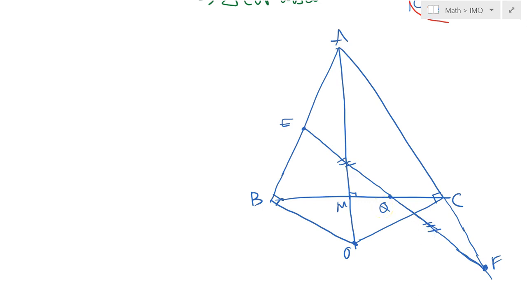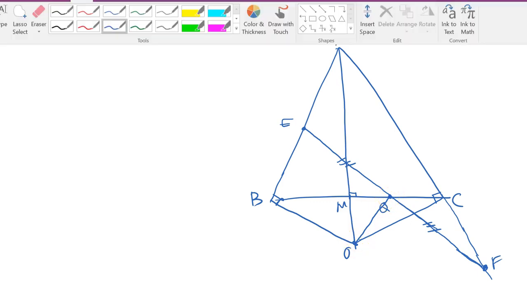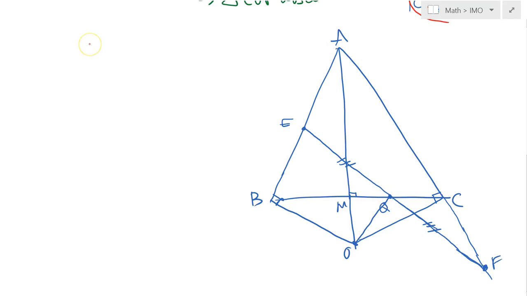Obviously, we don't know if OQ is perpendicular to EF yet. So what I will do is draw a perpendicular line to OQ now, because I don't know if that's really perpendicular or not. So let's assume that this is in fact the perpendicular line.